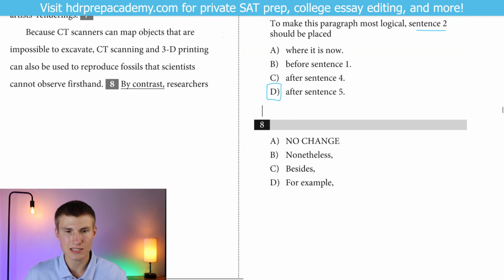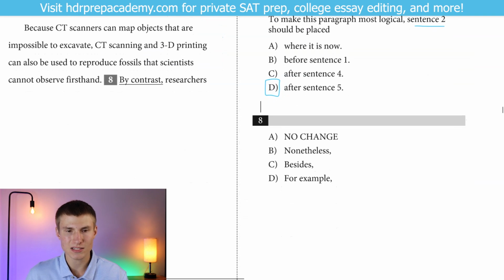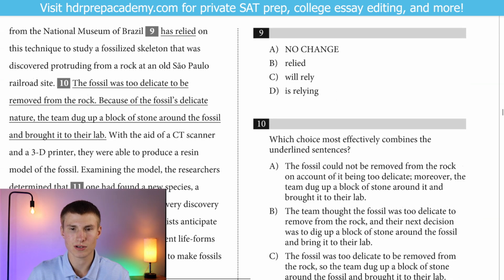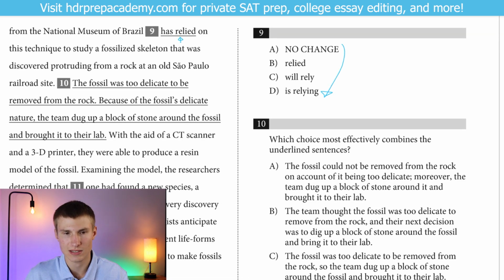We got, because CT scanners can map objects that are impossible to excavate, CT scanning and 3D printing can also be used to reproduce fossils that scientists cannot observe firsthand. Now I've got some sort of transition here. In order to determine what that has to be, I have to read this sentence. We have researchers from the National Museum of Brazil, and then we're going to have some sort of tense here. Okay, I see it's a tense change because these are the same base word but different tenses.